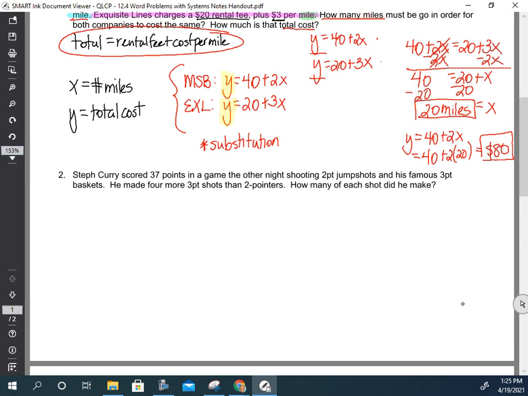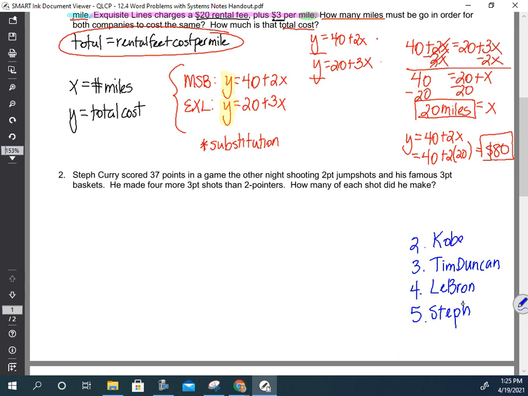So again, first step, read the problem. Just because he's a part of my top 5, just in case anyone wanted to know, these are my top 5 favorite players of all time. If you don't like my list, too bad.